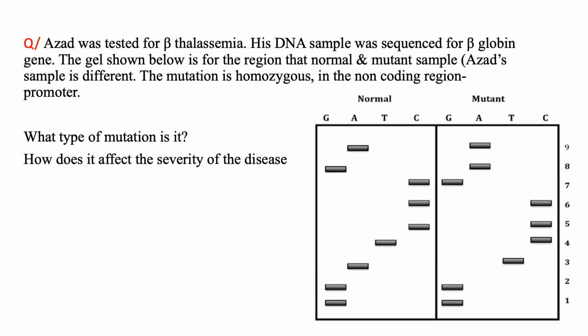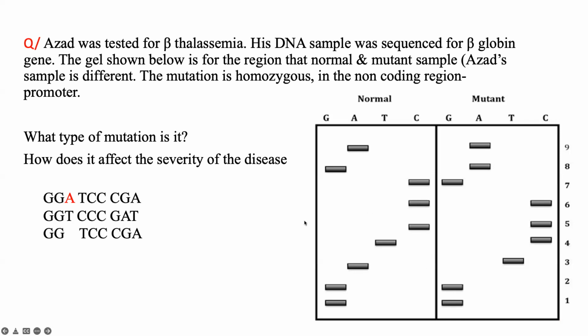Based on what we took in molecular diagnostic techniques, we need to write down the sequence. For instance, here we have 1 G, 2 G, A, and so on. We will write the normal, and then the mutant, I usually do it like this. Then we will compare and see what is missing, what is added, or what has been changed, because it could be substitution, insertion, or deletion.